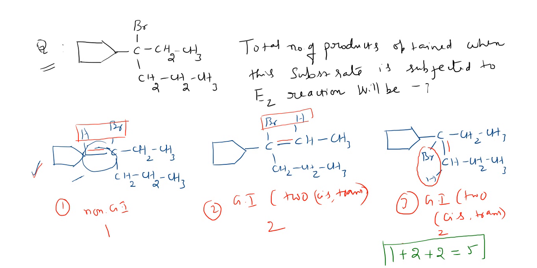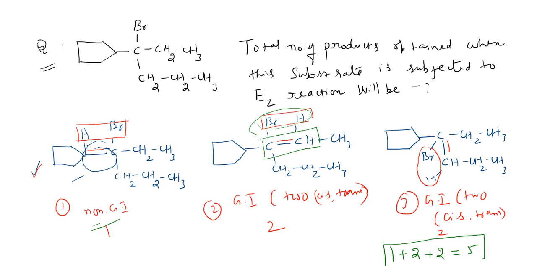This is non-geometrical isomerism. Come to the second one. You do this type of dehydrohalogenation. A double bond will be established here, and you will get cis and trans, two geometrical isomers for this one.